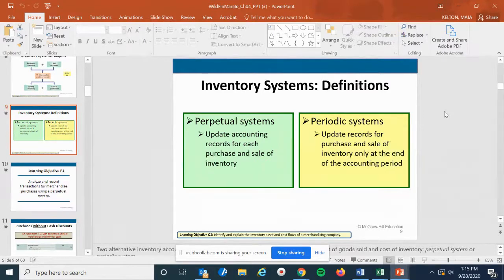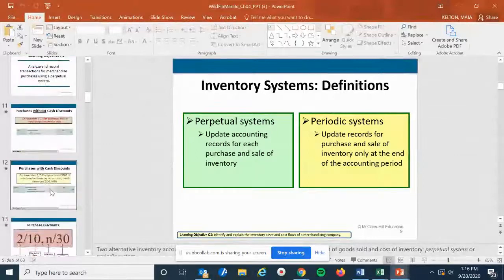But the periodic system is very helpful for taking physical inventory. So at the end of the period, every one of those merchandisers would go take a physical inventory and compare that to the perpetual system's records that they have. Again, next week, when we get to chapter 5, we will spend a lot more time discussing both the perpetual and the periodic inventory system.